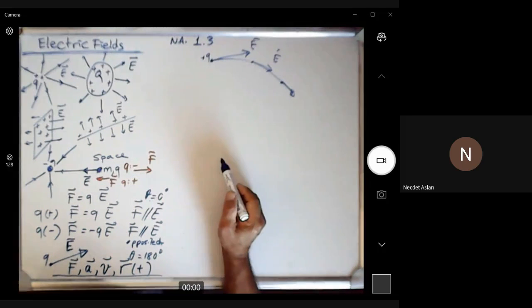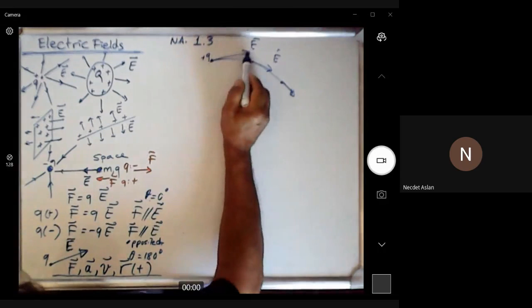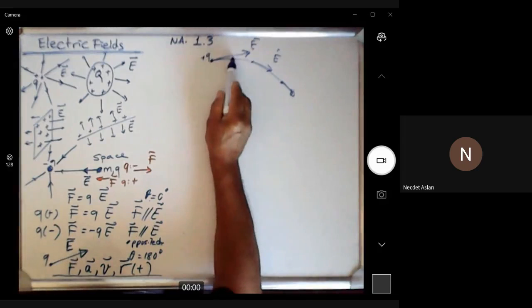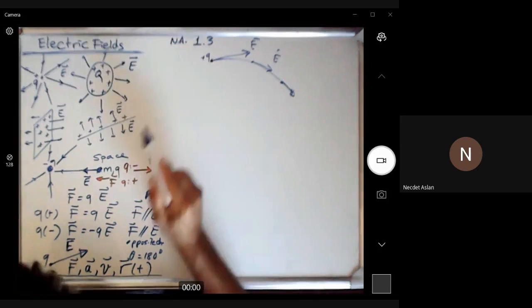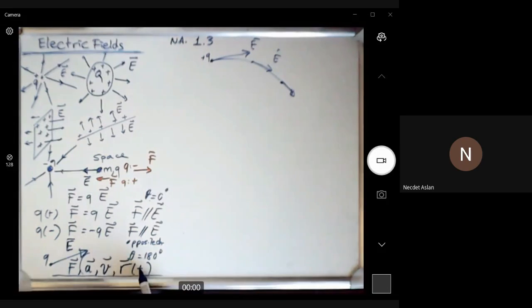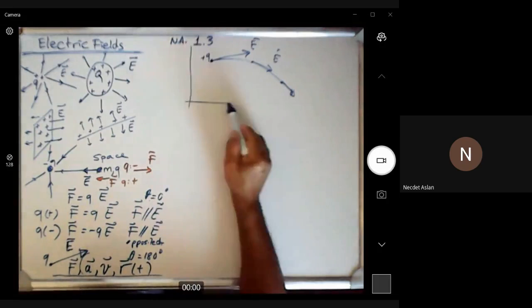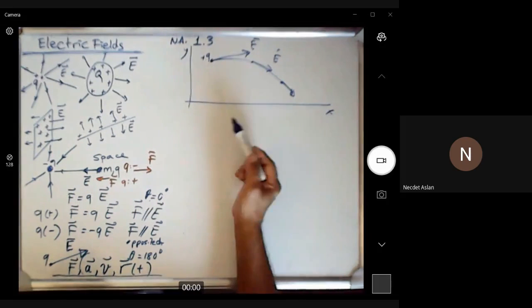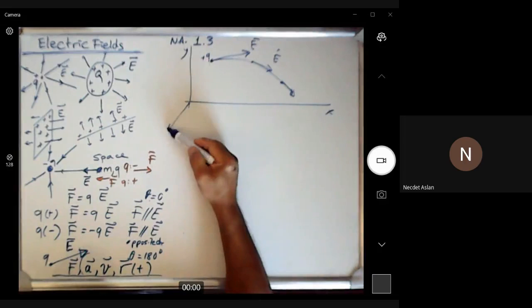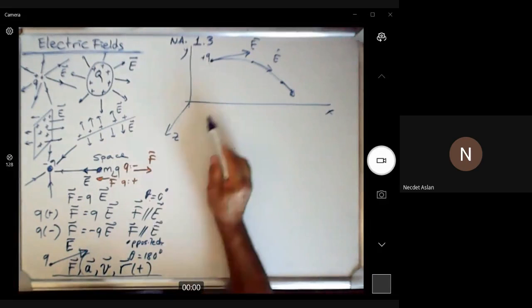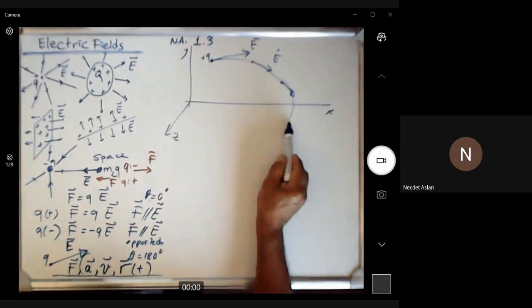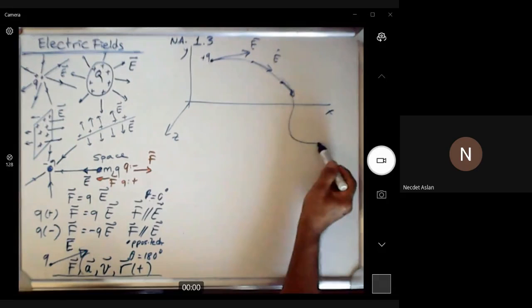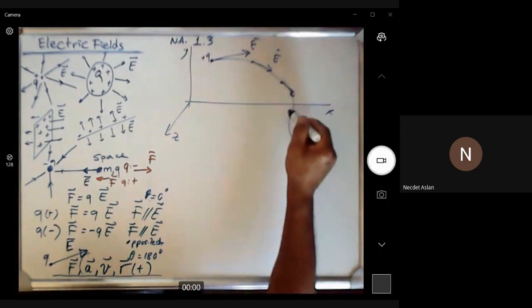But once the charge starts moving, you know exactly what the acceleration, velocity and displacement are, so that in space, suppose it's two-dimensional, not necessarily, it can also be a three-dimensional case. So the charge can move in this three-dimensional space, and then you know exactly where it will be located.